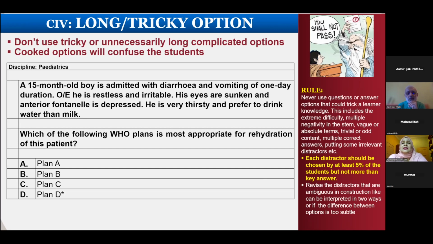And in that way they can be misled and they can miss the correct answer. So practically it is bad for those good students who are more knowledgeable than those students who are weak in the subject, because weak students will know that there is nothing, but the intelligent, hardworking students will look for a plan D somewhere.